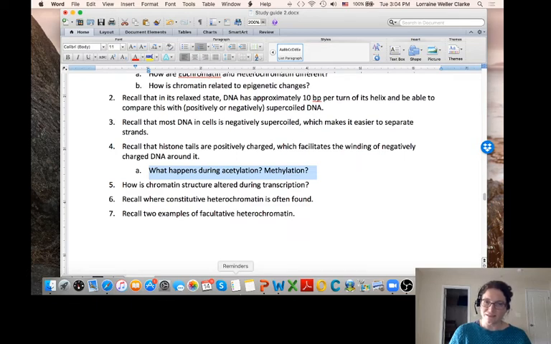Acetylating the histones means that you negate the positive charge. You let go of the DNA, which allows it to be read even in heterochromatin. Methylation does the opposite and wraps it tighter, okay? It encourages the histone tails to close and wrap tightly around the DNA, turning off the accessibility of its genes, okay? Those are the key things I'd like you to know in that sense.